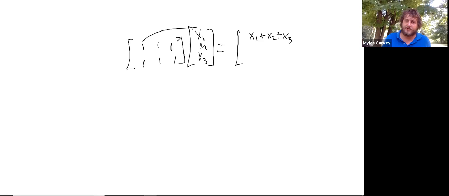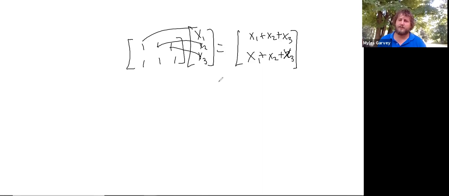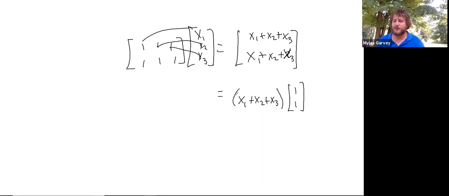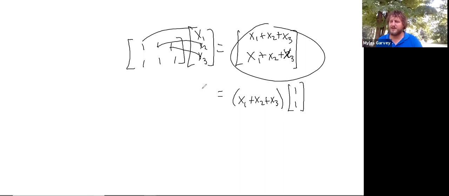This times this, plus this times this, plus this times this, and the same thing for the other row. Well, I don't want to get into that, but you get the point. This is just x1 plus x2 plus x3. I can simplify that down further, so I get a nice neat equation here for both dimensions individually.